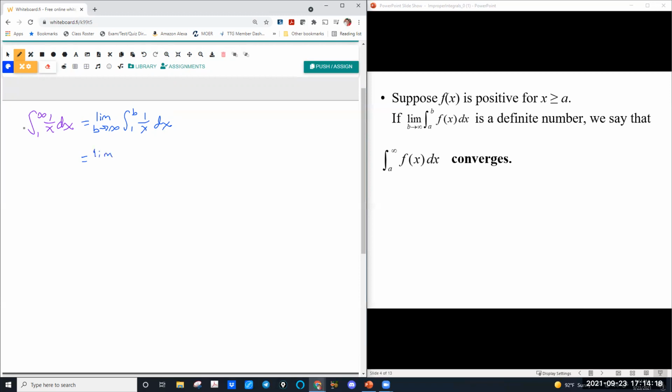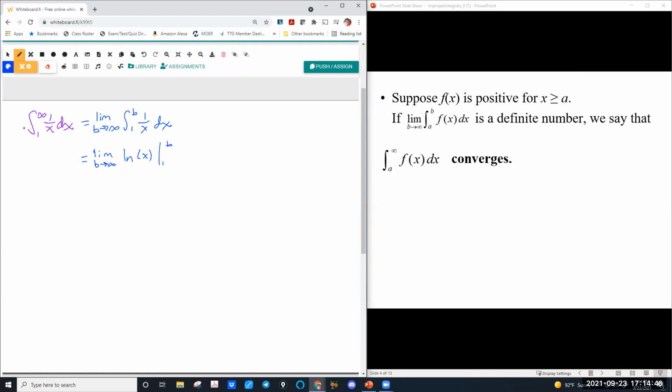What's the antiderivative of 1 over x? ln of x. Very nice, John. ln of x, and we're on the interval from 1 to b, where b goes from 1 to infinity. So we're already on positive numbers, so we don't need an absolute value. It's not wrong if you put in an absolute value, but you don't need one.